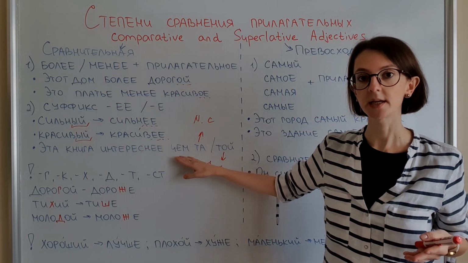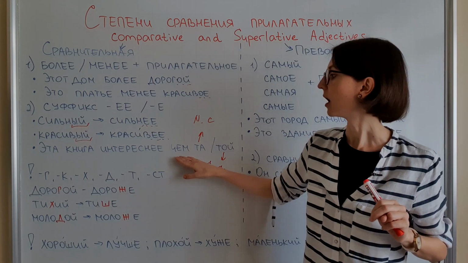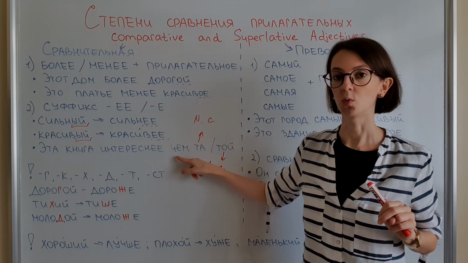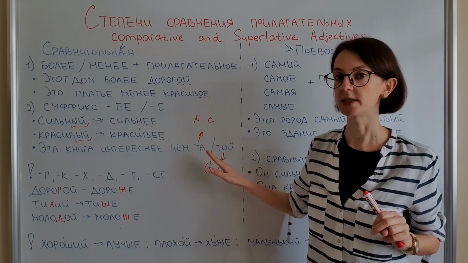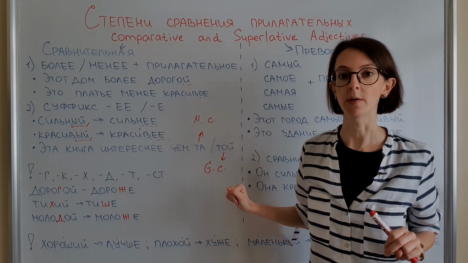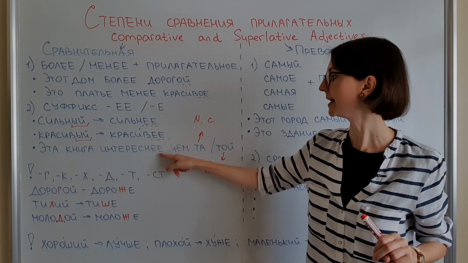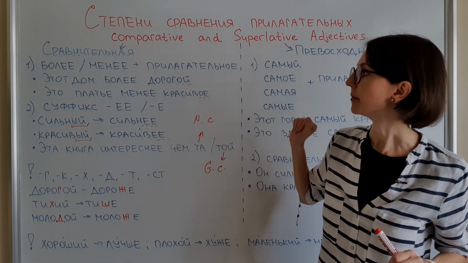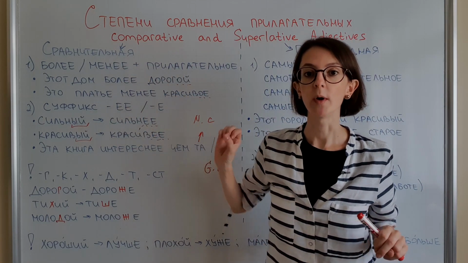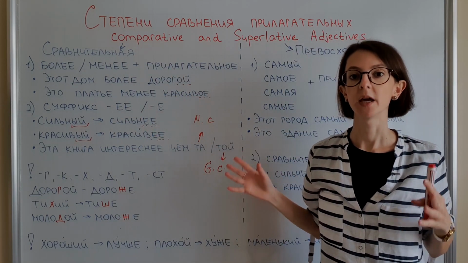And afterwards, as I said, you can use nominative case with чем, or you can use genitive case, but in this case you don't need чем. You can say эта книга интереснее той.